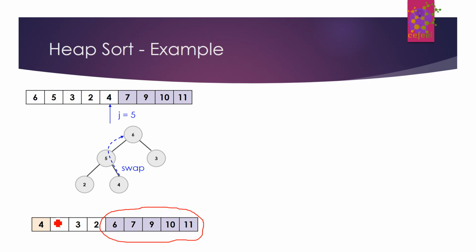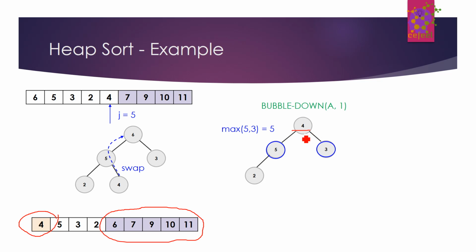But then 4 is now misplaced. 4 is the root, we have to bubble down 4. So 4 will be compared with its children. Its children are 5 and 3. 5 is the maximum. We compare 4 with 5, and because 5 is greater, 5 will move up and 4 will move down. So we swap, and 5 and 4 are swapped now.